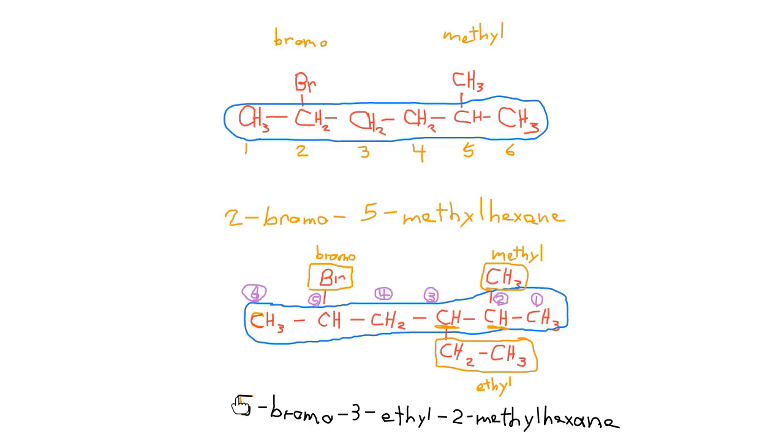And we have to give the number that is the location of each one. So the bromo group is on carbon number 5, so it's 5-bromo. The ethyl group is on carbon number 3, so it's 3-ethyl. And the methyl group is on carbon number 2, so it's 2-methyl. Does that make sense? Okay.